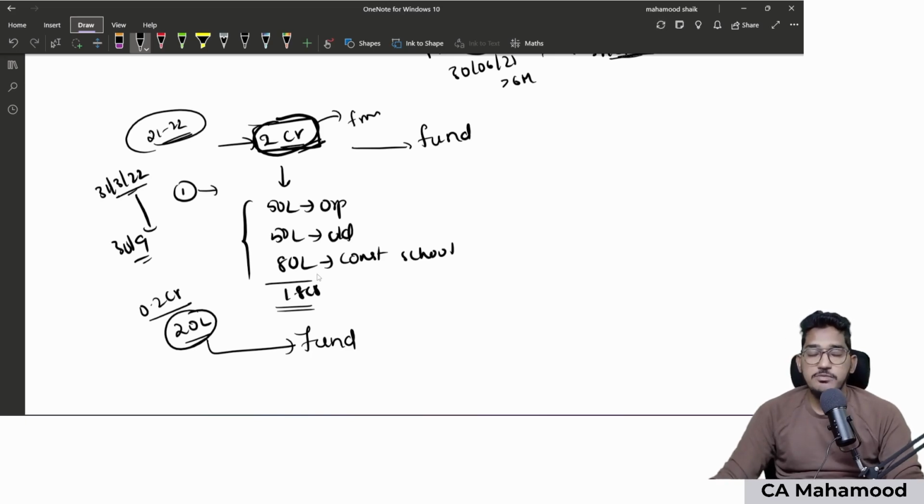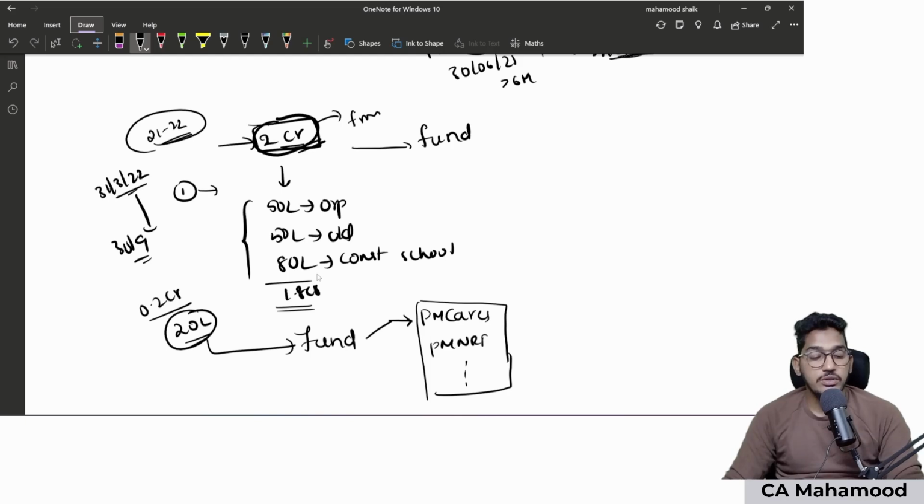Sir, examples of the funds specified under Schedule 7? Examples are the PM CARES Fund and the Prime Minister's National Relief Fund. Like that, so many funds are prescribed under Schedule 7. You need to transfer that money to the fund. Which money? The money which you are not able to plan. 6 months over from the end of the financial year, but still you are not able to plan how to spend it.